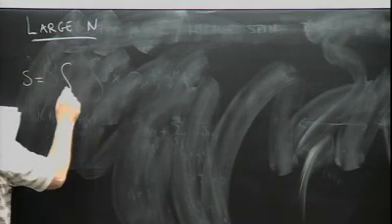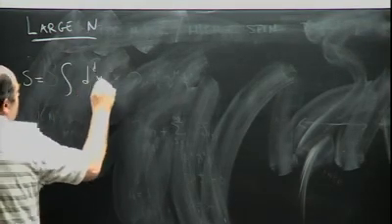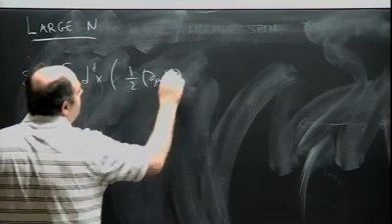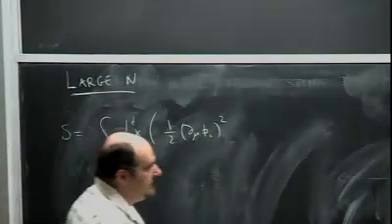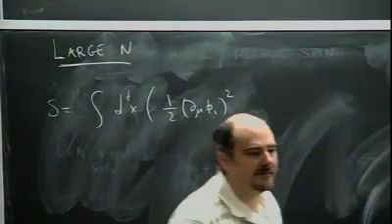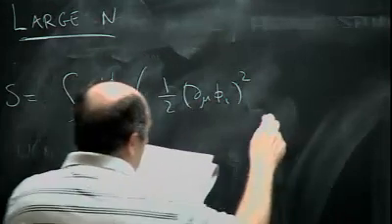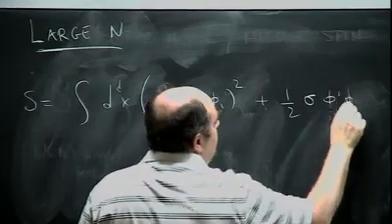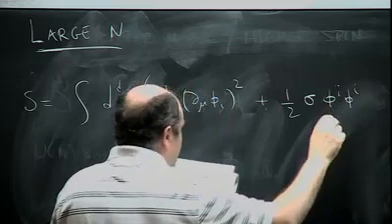So let me briefly go through this, because if you haven't seen it, this is something which may be useful. So one standard way to treat this quartic interaction in the large N expansion is to introduce some auxiliary field, right? Maybe some of you have seen this. So you introduce this field sigma, which is sometimes called the Hubbard-Stratonovich field.